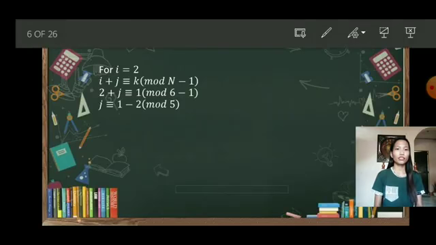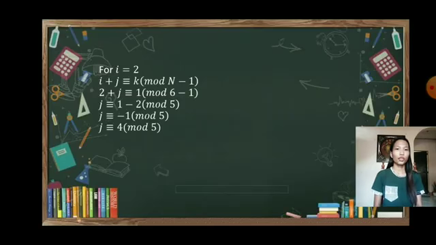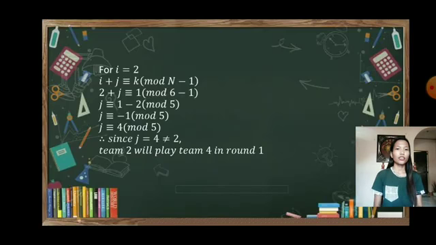So, we solve 1 − 2, and we have j ≡ −1 mod 5, and when we solve that, we have j ≡ 4 mod 5. So the value of j is 4. Since j = 4 and not equal to 2, the value of i, Team 2 will play Team 4 in round 1.